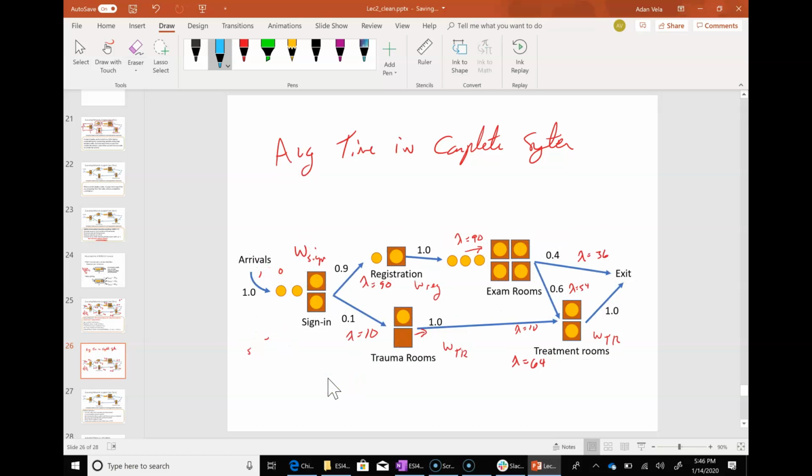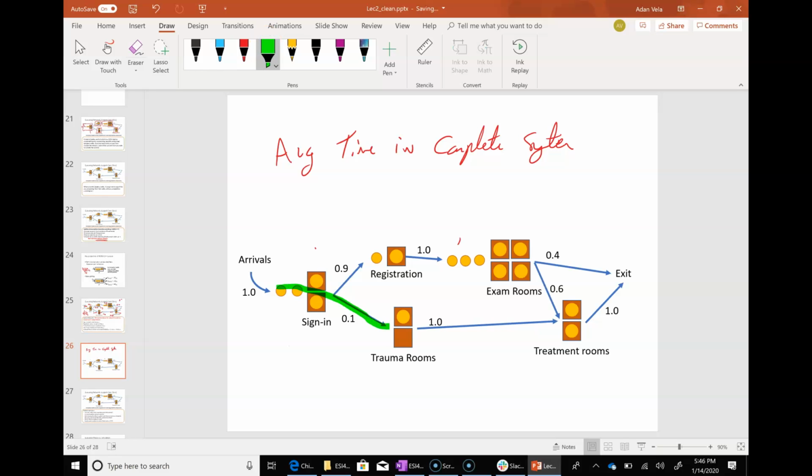I'm going to erase all this stuff. Okay, so we have a few different paths through the system.